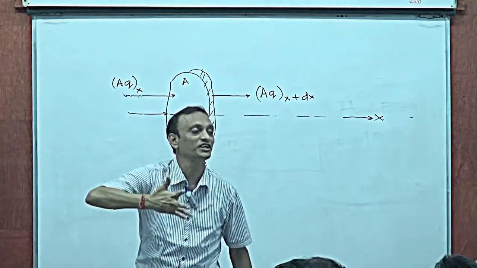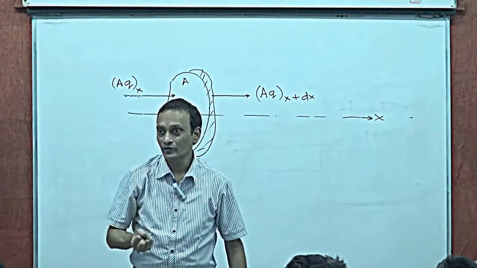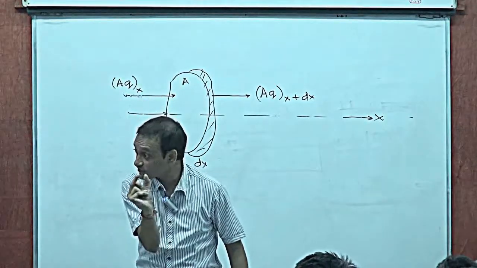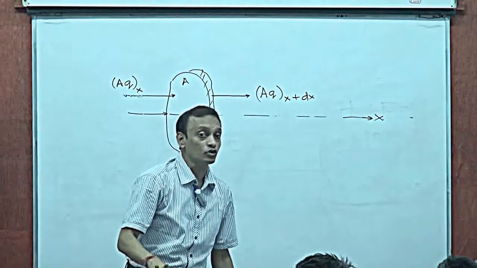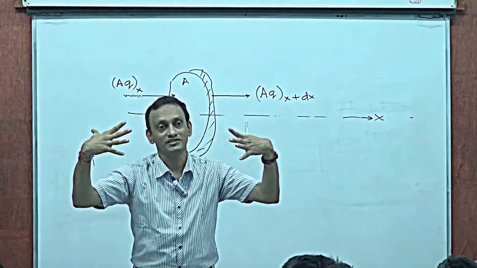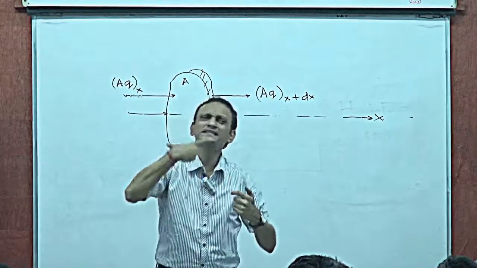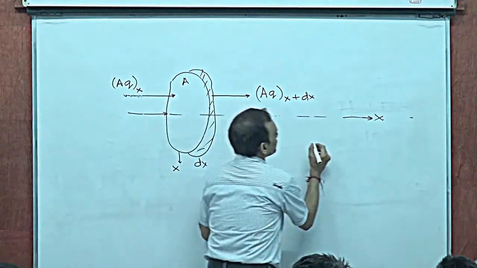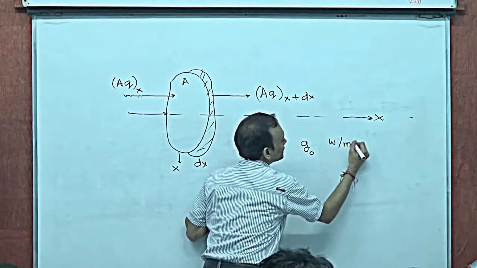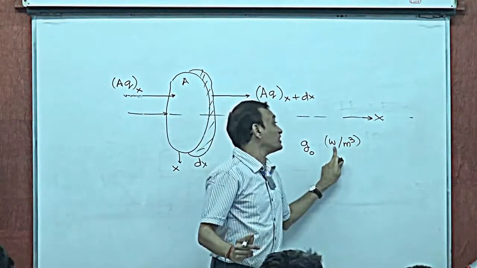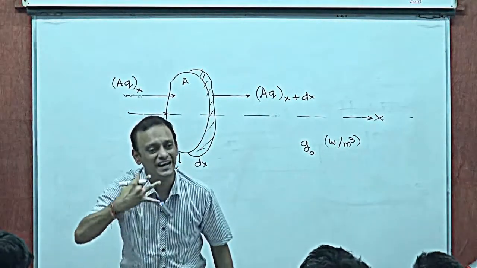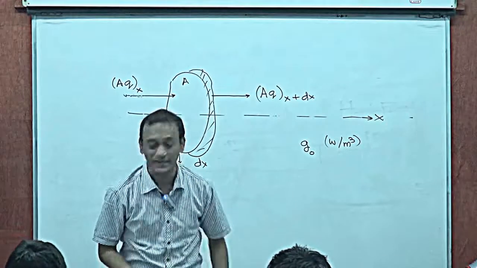There could be some chemical reaction going on inside this cross section of thickness dx, or some mechanism that could be internally generating heat, right? And let's say there is G0 watts per cubic meter. These many watts per unit volume is the heat internally generated at any given cross section.